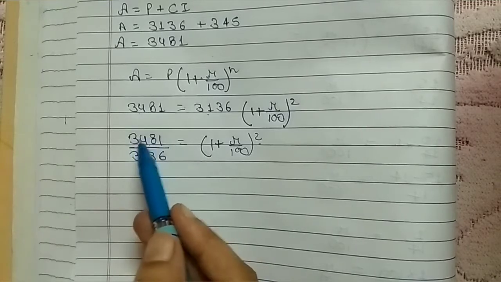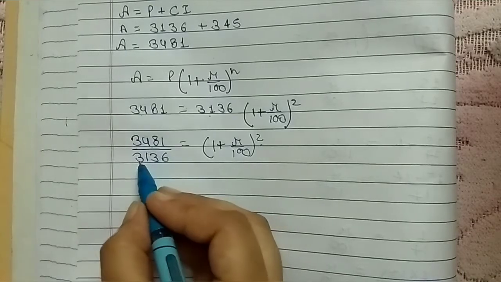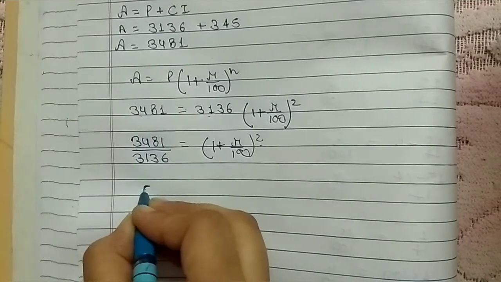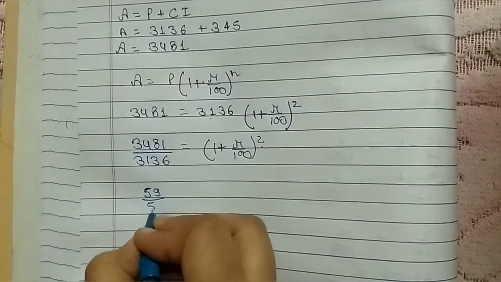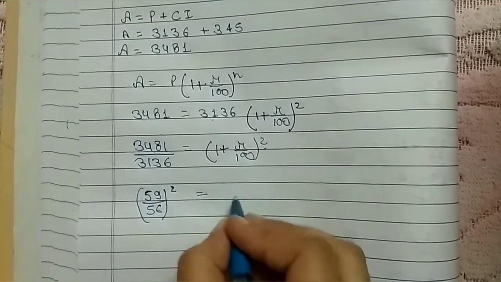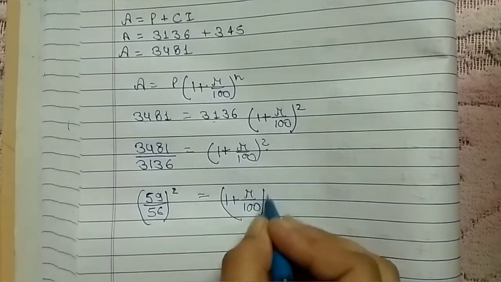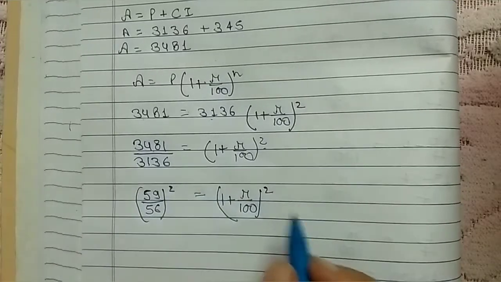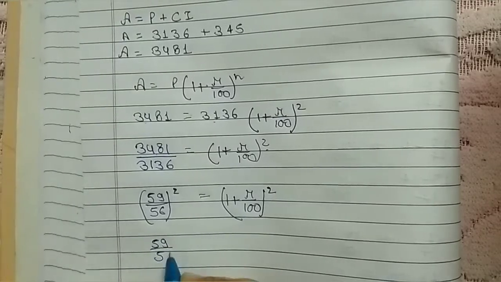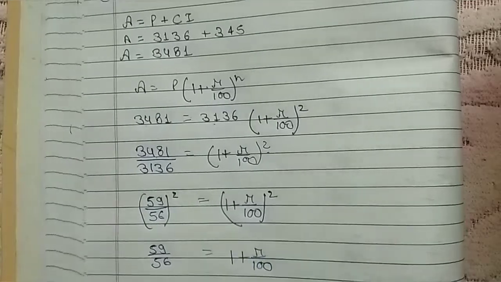So square root of 3,481 is 59 and of 3,136 is 56. We can also write it as (59 upon 56) whole square equal to (1 plus R upon 100) whole square. Square will be cancelled from both the sides and we will get 59 upon 56 equal to 1 plus R upon 100.